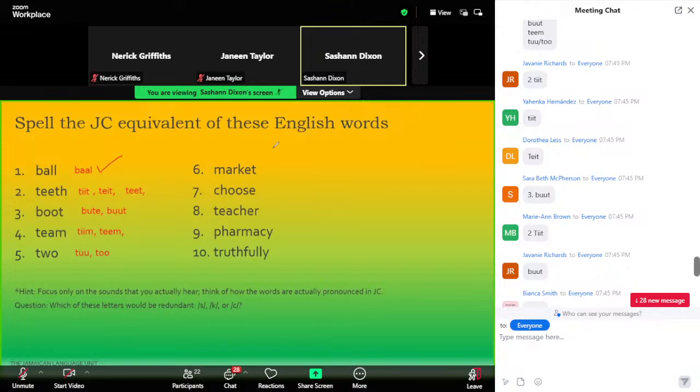So far, so good. The vowel sound, however, we are looking for the long E sound. Teeth. Are we using EE? Are we using EI? Or are we using II? Option 1, option 2, or option 3?